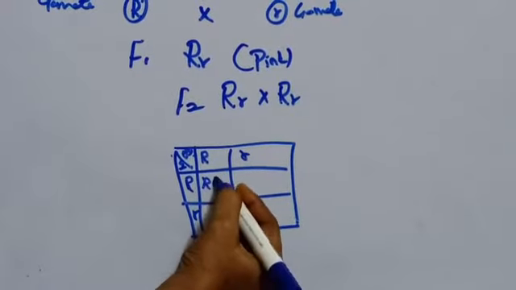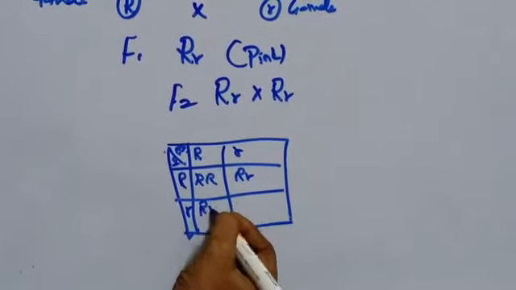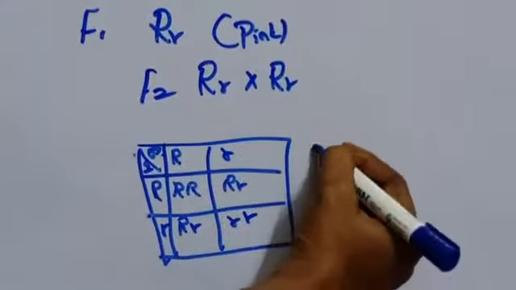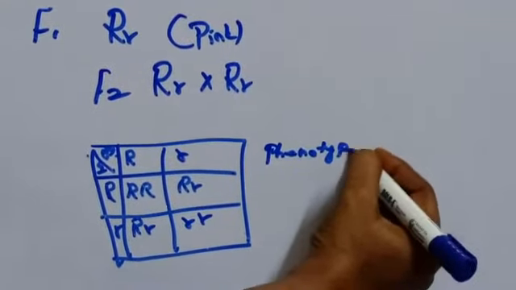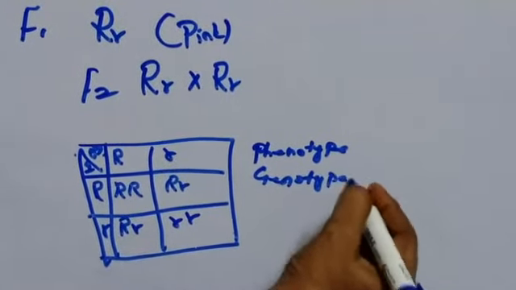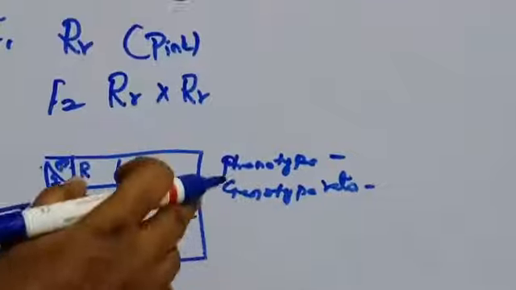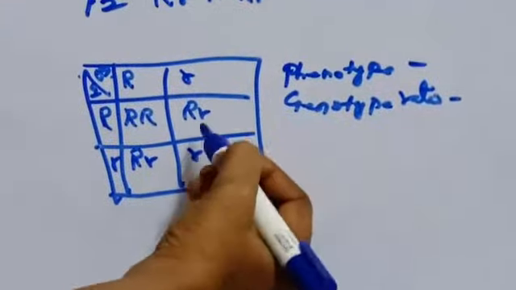Now capital R capital R, capital R small r, capital R small r, small r small r. So the ratio, both the phenotypic ratio and genotypic ratio. In a monohybrid cross, the phenotypic ratio is 3:1 and the genotypic ratio is 1:2:1. But here you can see the phenotypic ratio.